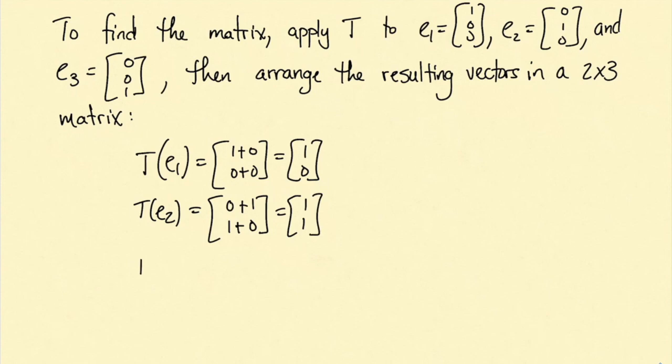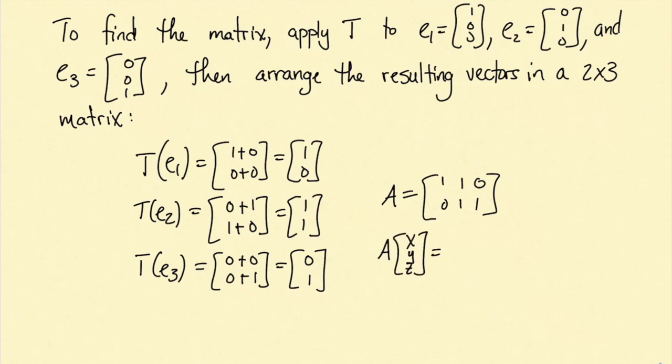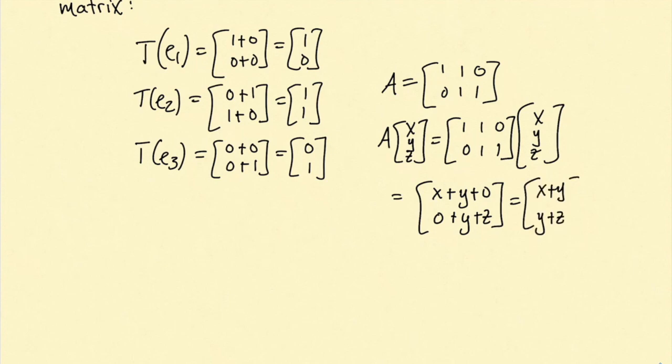And when we apply T to e3, we get 0, 1. So the matrix which defines our transformation has columns (1, 0), (1, 1), and (0, 1). In fact, you can check that if you apply the matrix A to an arbitrary vector whose coordinates are x, y, and z, you will get T of that vector.